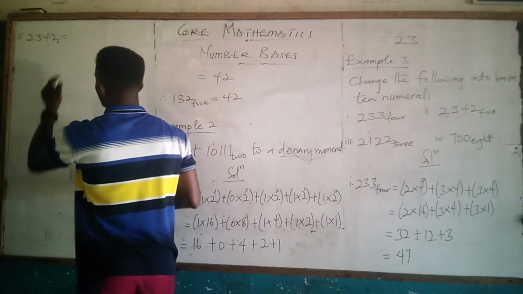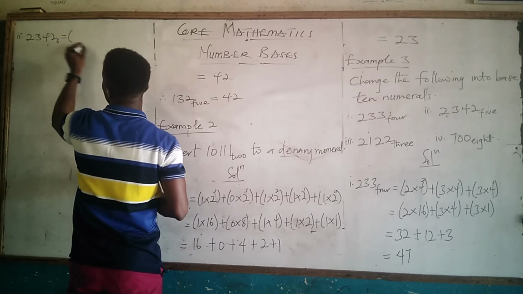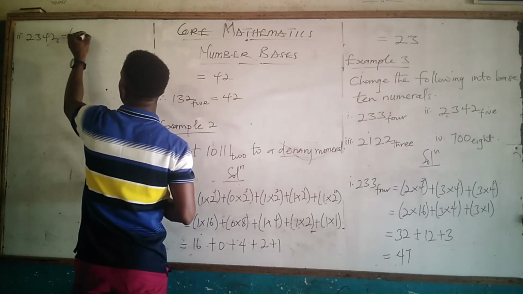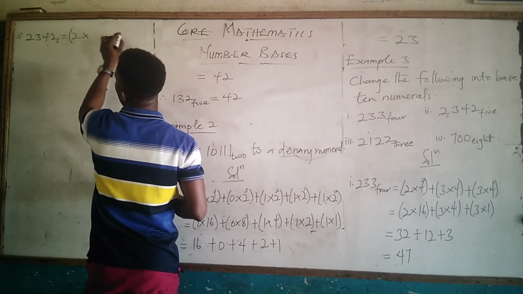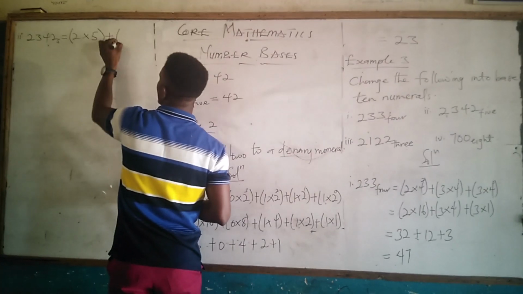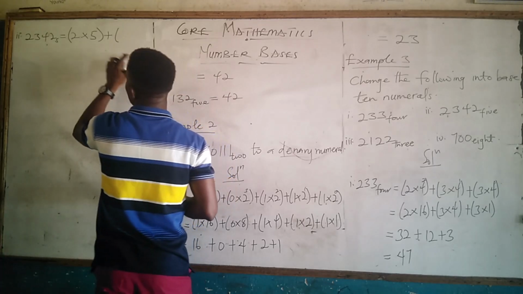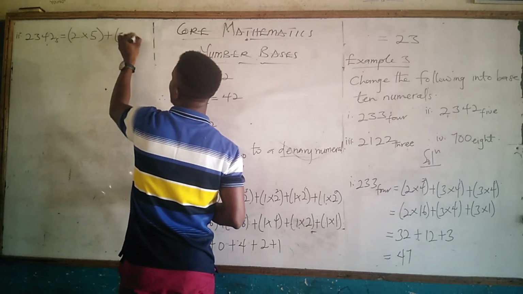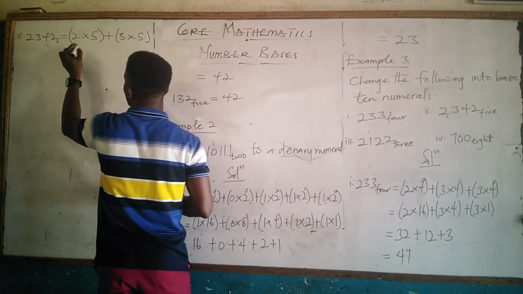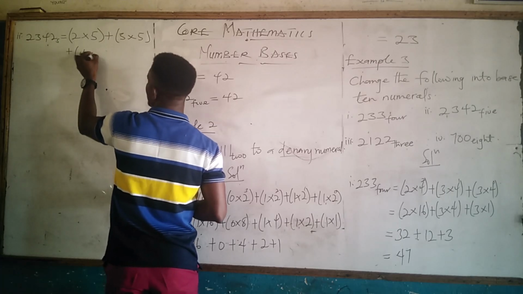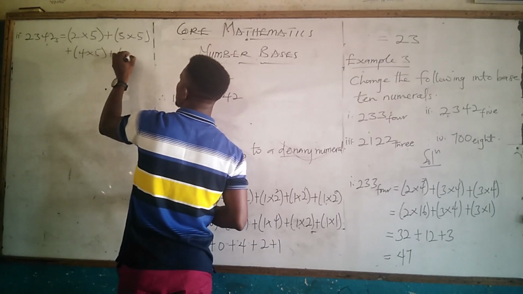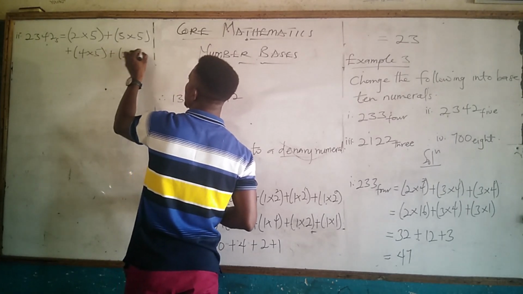Let's see. So this one will get us 2 times my 5, that's the base, plus 3 times the same 5, then plus 4 times my 5, plus, then lastly 2 times my 5.